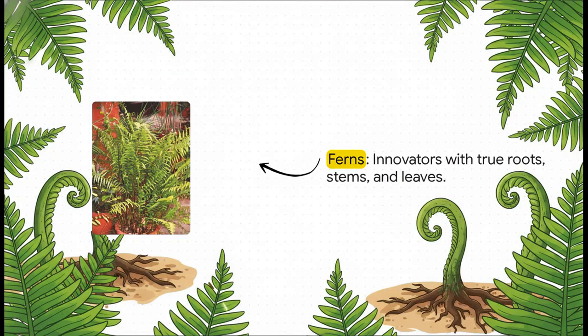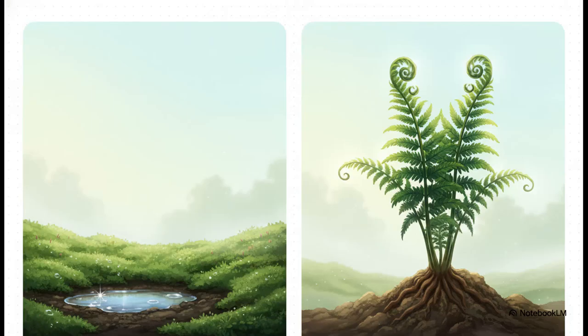And because of this amazing new internal plumbing, the plant body could suddenly differentiate in ways those simple mosses never, ever could. For the first time in evolutionary history, we see plants like ferns developing true roots to dig deep into the earth, true sturdy stems to hold themselves up, and distinct, large leaves to efficiently capture sunlight. But this great evolutionary leap wasn't just about plumbing. It was a fundamental restructuring of the plant's entire life cycle.